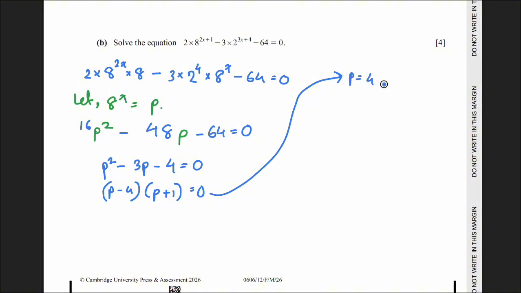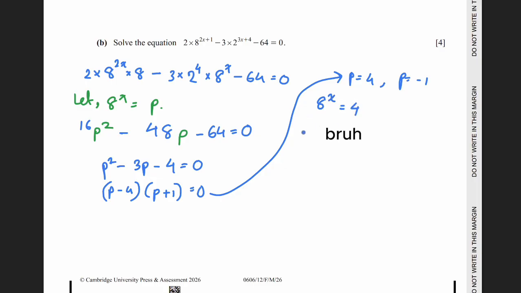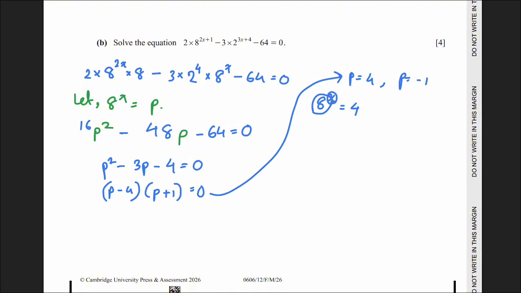So p is equal to 4, p is equal to minus 1. Now what is p? P is 8 to the x, which is equal to 4. Now what do we do? This is our base, this is our exponent. We take the log base 8 here and the log base 8 over here. So the x comes over here on the normal region, and the log 8 is just 1, so we don't have to write it.